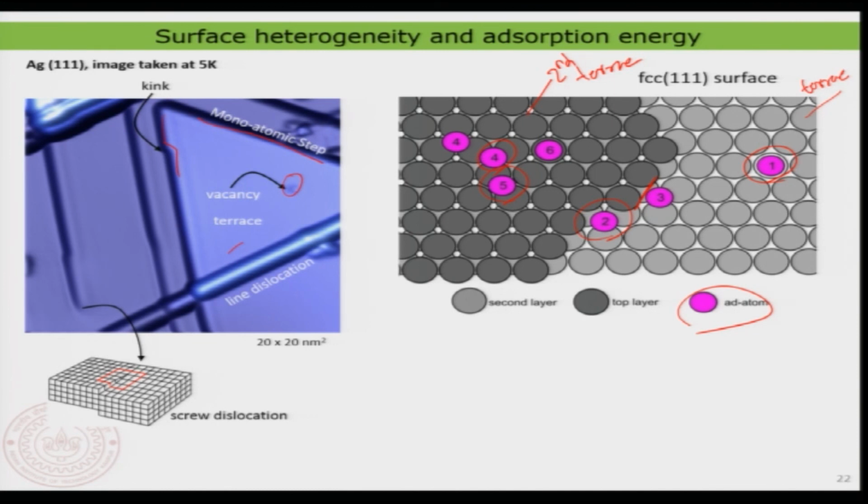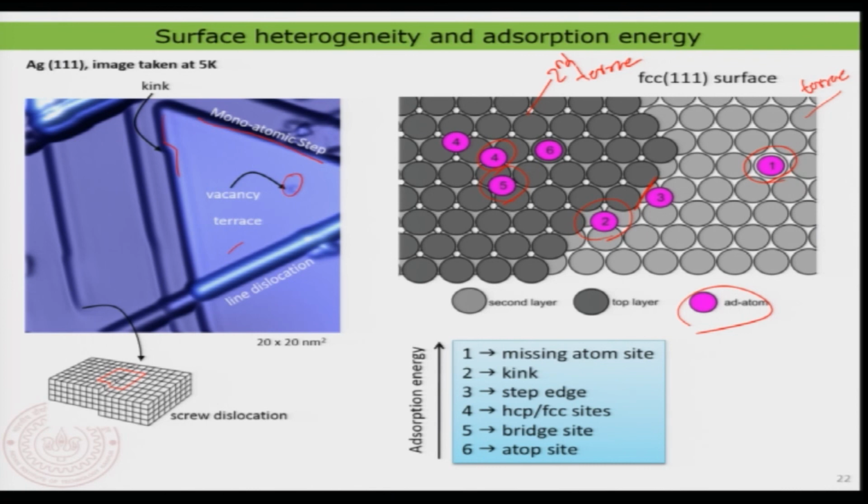So, now the question that you would ask, because we have already seen that depending on the site, the adsorption energy is going to change, and we have already seen the hollow sites have a higher adsorption energy than the normal top site. So, the point I want to make here, in this variety of adsorption sites, is that if you take the vacancy, this is where the atom is going to occupy the most, because it has the highest coordination, because you can see here I have 6 atoms in the layer and 1 atom below.